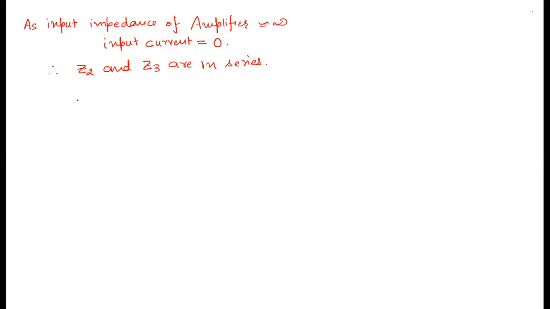So let's draw the output section again. Here we have Z3. Here we have Z2, and in parallel to both of these, we have Z1.